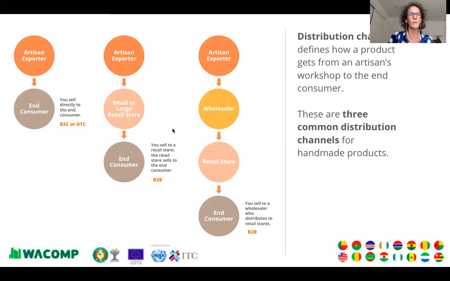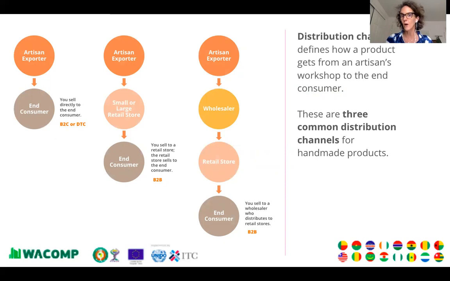The first channel, the one on the far left, is referred to as B2C, which stands for business to consumer, or DTC, direct to consumer. In this channel, you sell directly to the end consumer.